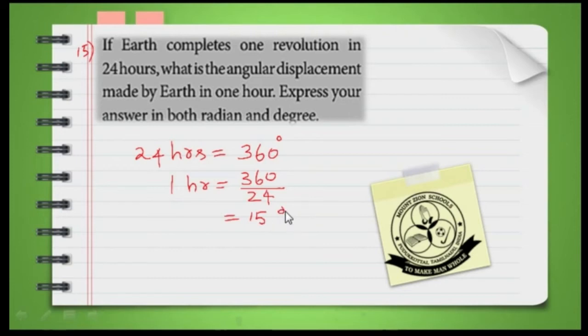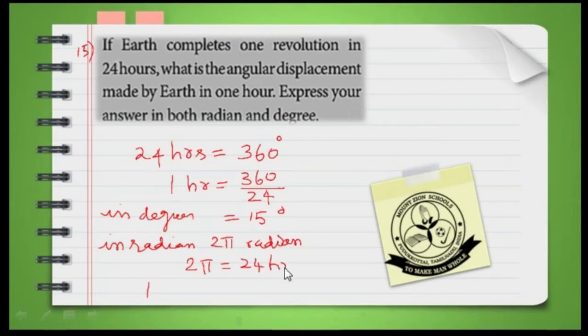You are also asked to express this in radians. You know very well that 360 degree is 2 pi radians. Am I right? So it is 2 pi radians, and 2 pi radians is 24 hours.